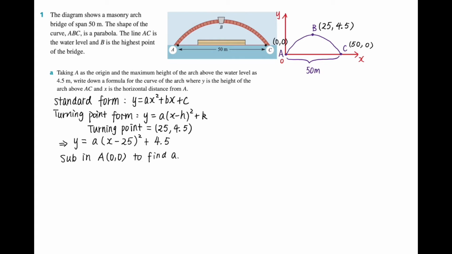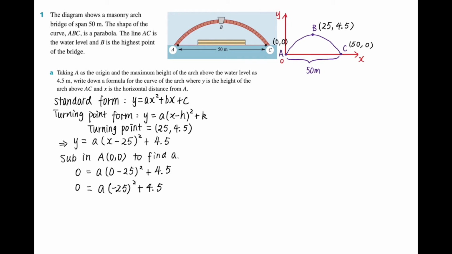So subbing in 0, 0 to find the dilation factor a, we have 0, the y value, is equal to a times bracket x, which is now 0, minus 25 squared plus 4.5. Then we have 0 equals a times 0 minus 25, which is negative 25, squared, plus 4.5.